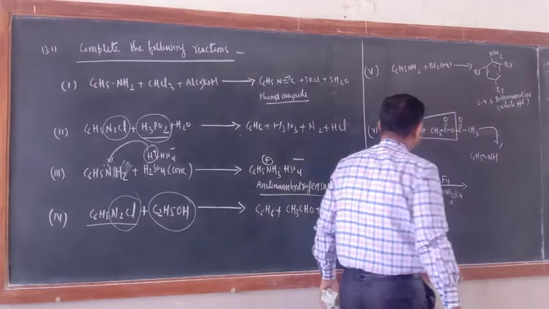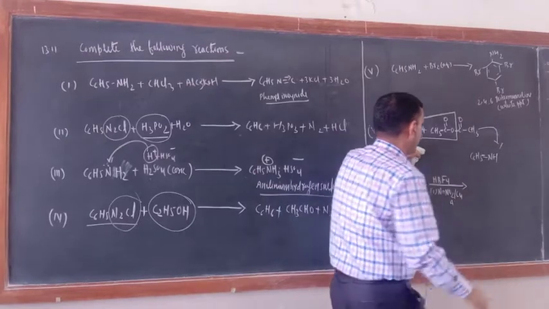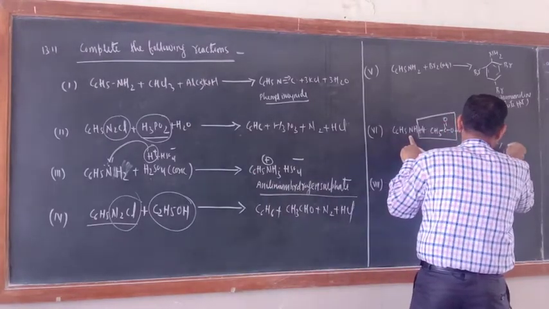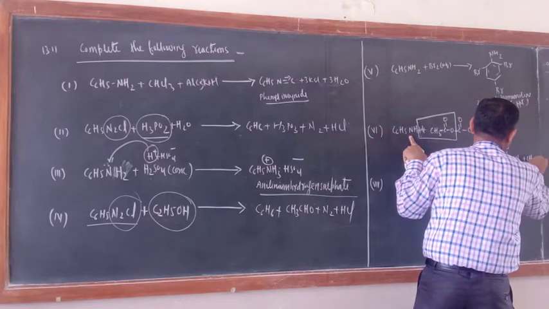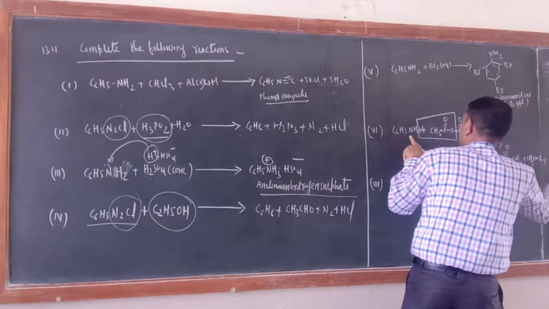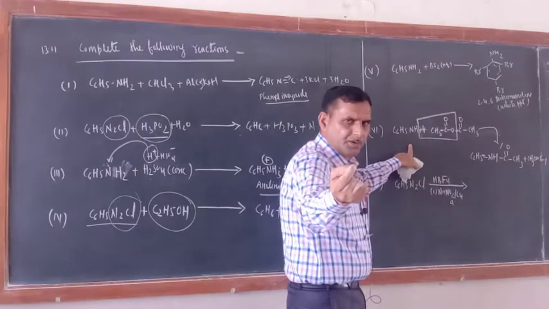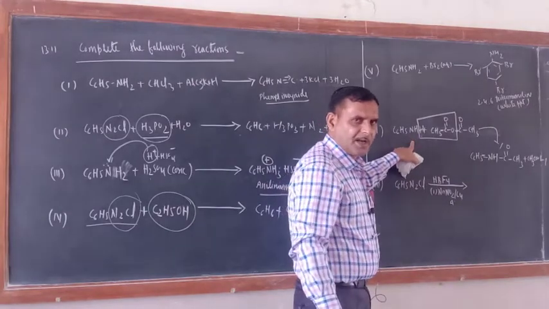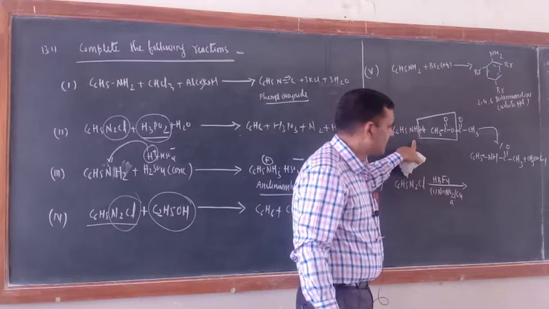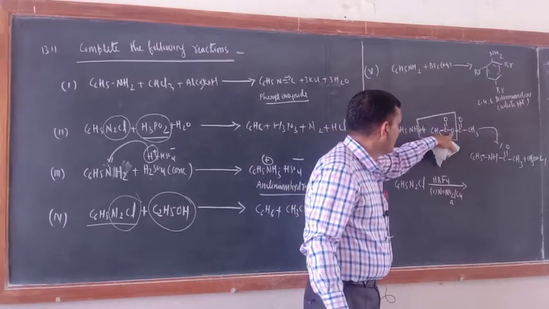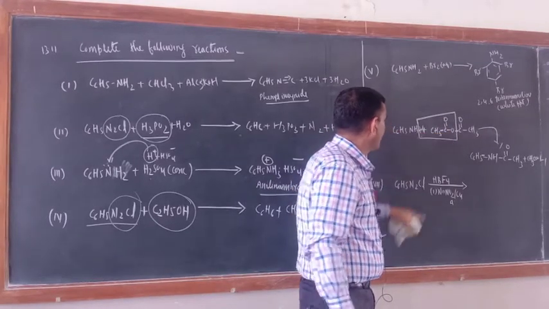NH. And then C double bond O, CH3, plus acetic acid will come out. You just need to add 1 H of the NH2 group and 1 H, and now CH3COOH.